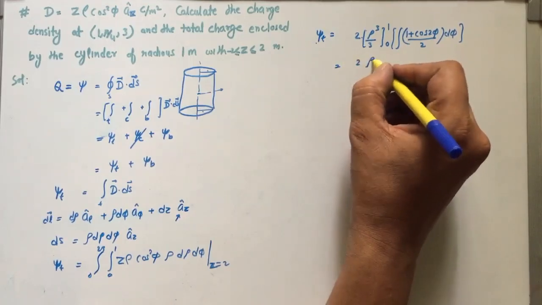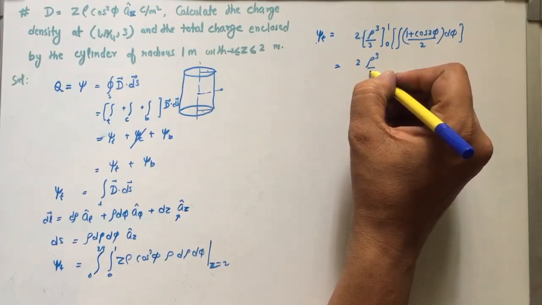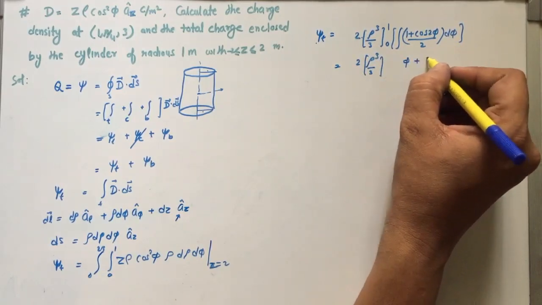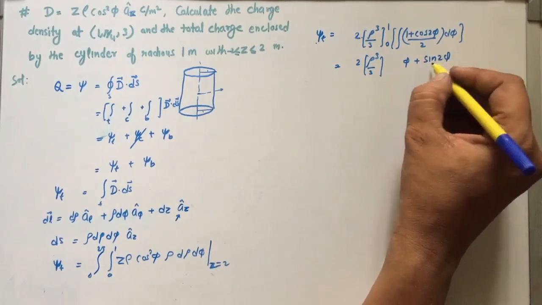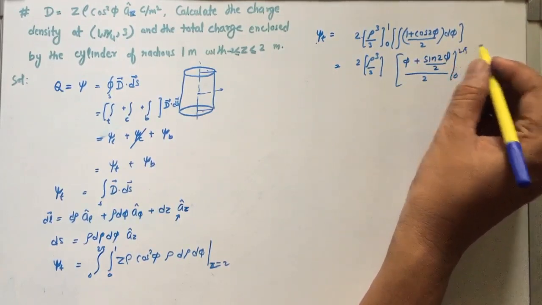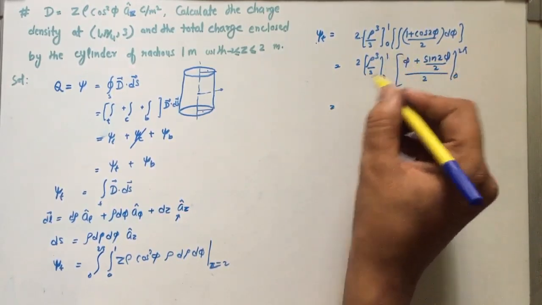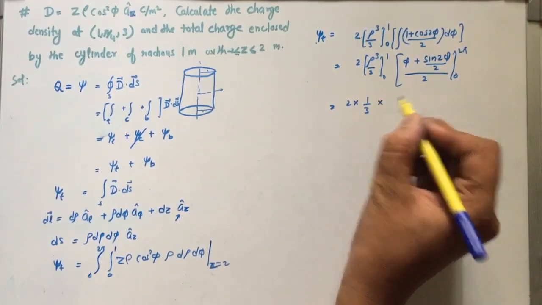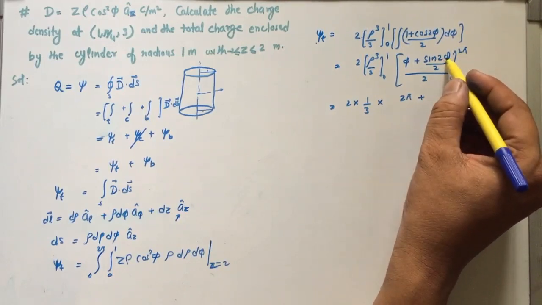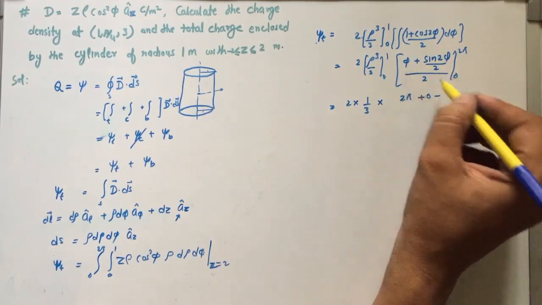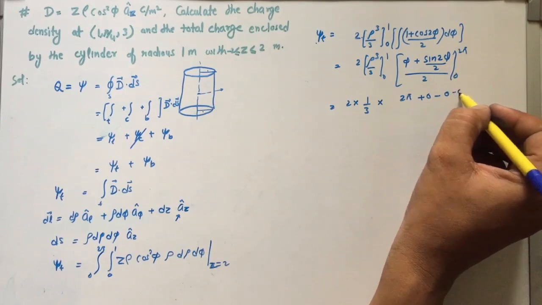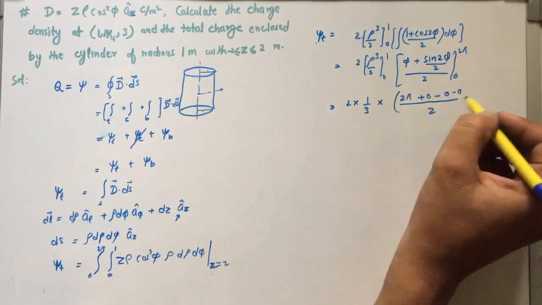So let us continue. Rho cube by 3, and from here it can be phi plus sin 2 phi divided by 2, all divided by 2, from 0 to 2 pi. Now with rho from 0 to 1, we get 2 times 1 by 3 times 2 pi plus sin 4 pi, which is equal to 0, minus 0, minus 0 divided by 2.